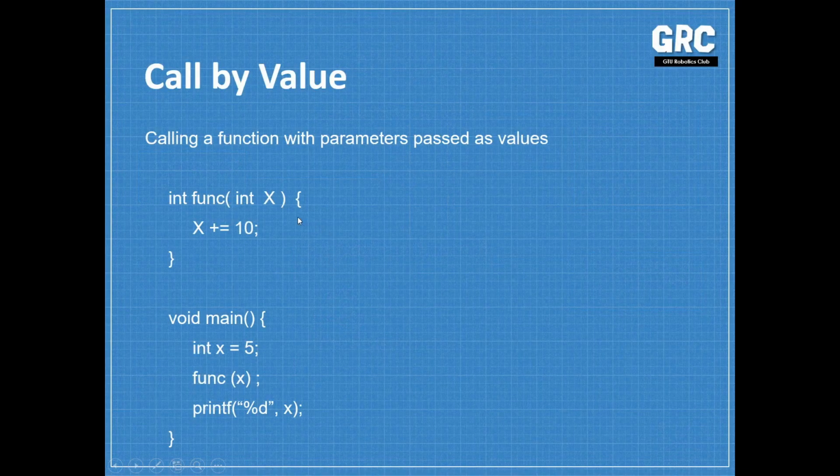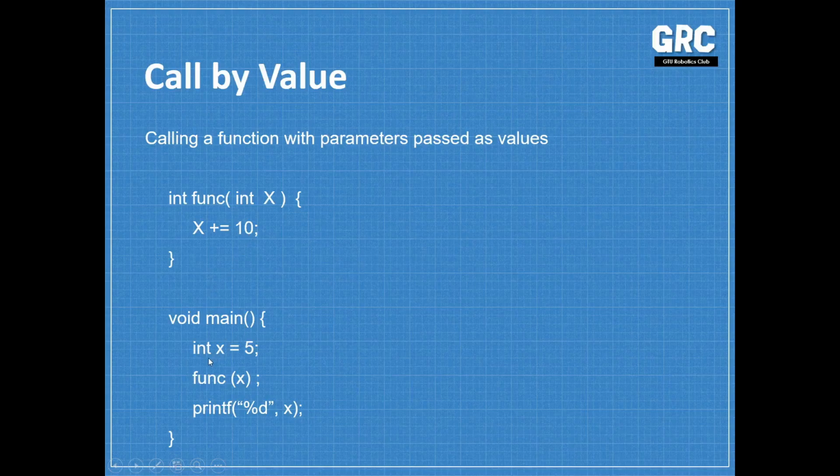Here we have an example in which I have a function of int type. I should have kept it void, so don't worry. We have a function which has an integer parameter capital X, and we are incrementing it by a value of 10.